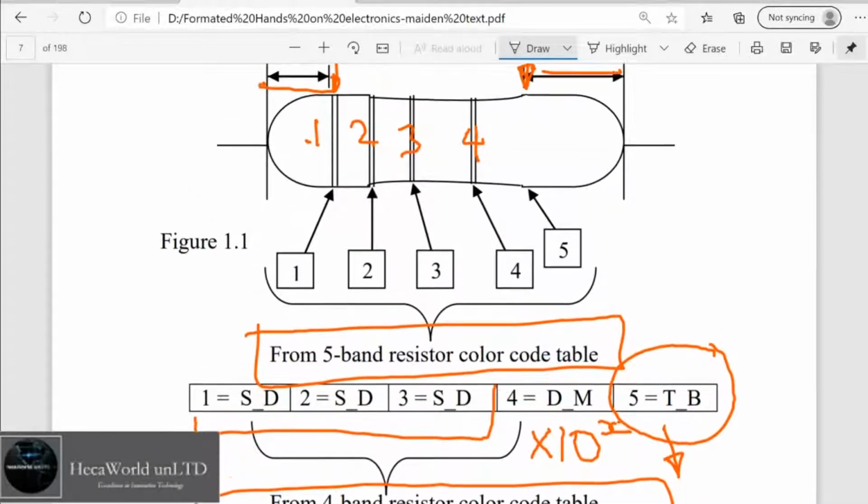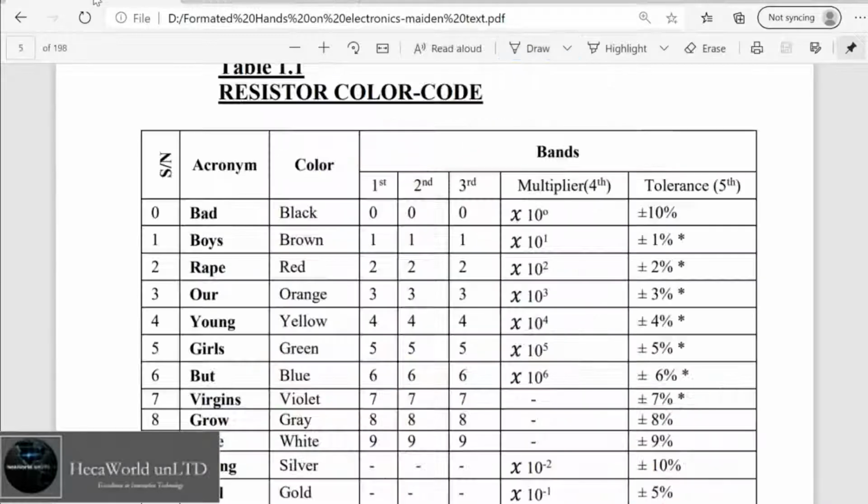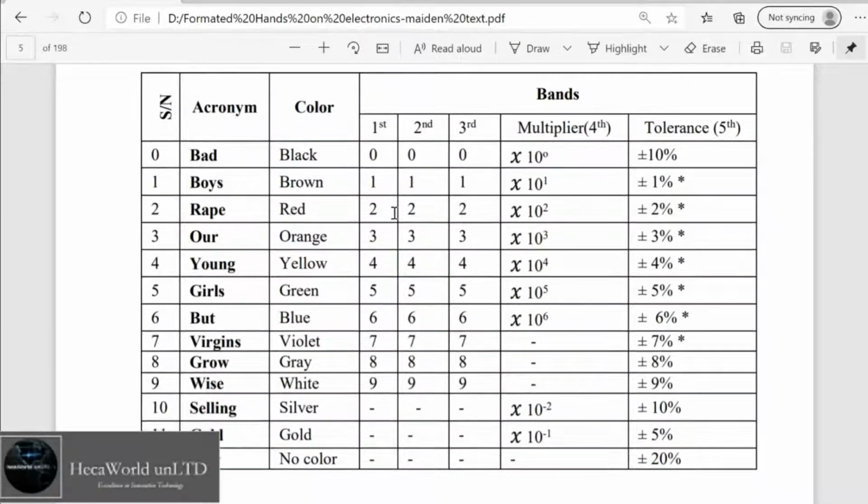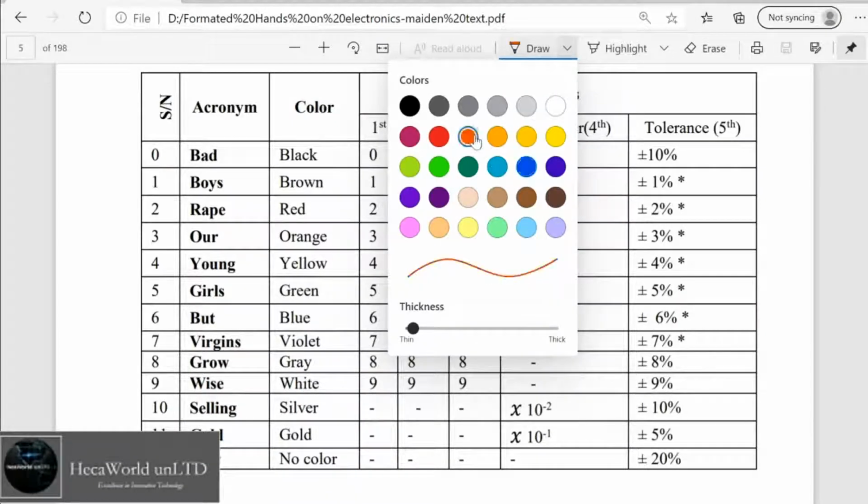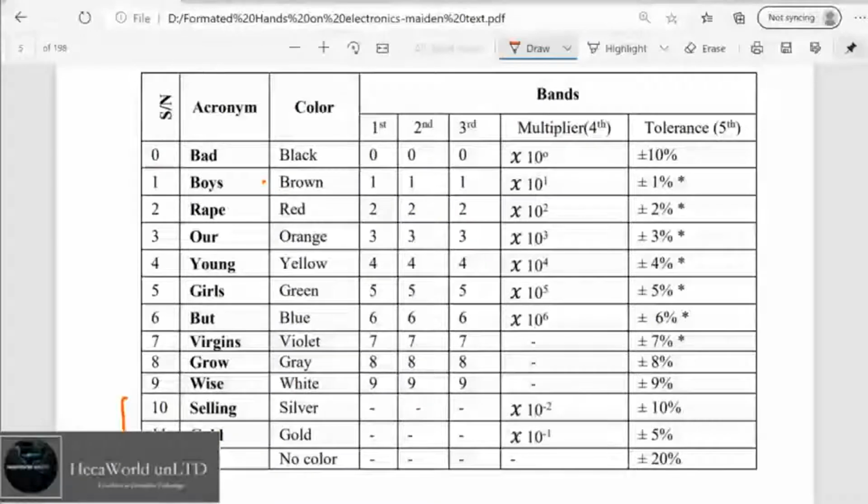So what does it really mean? Let's look at the interpretation of those colors. We came up with this acronym a long time ago, and coincidentally, I found on the internet some people have something very similar.